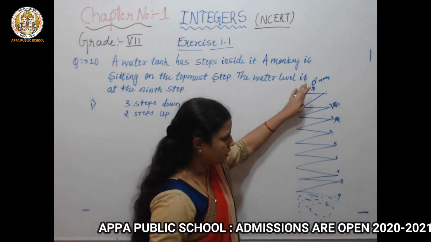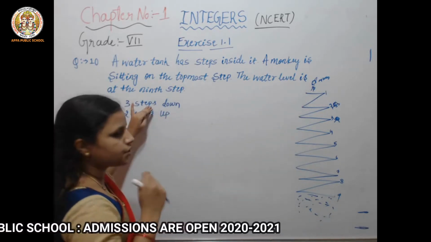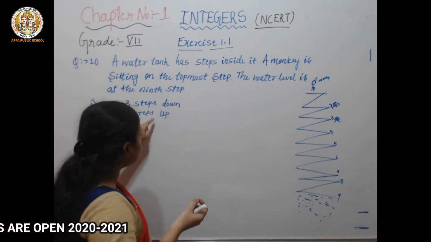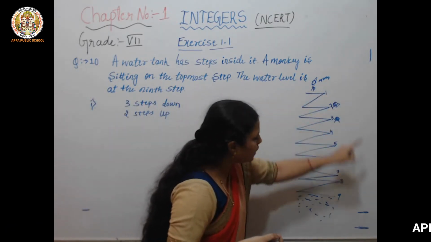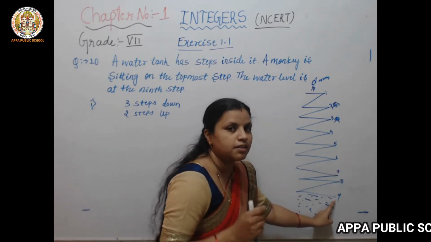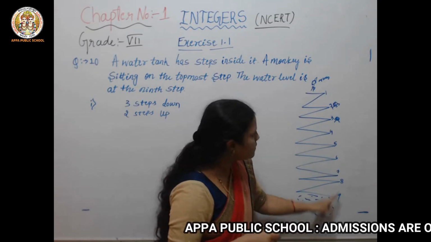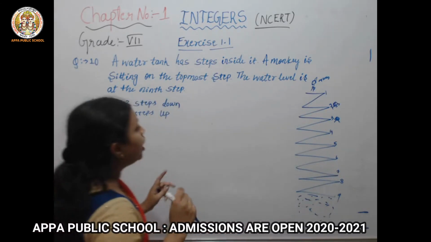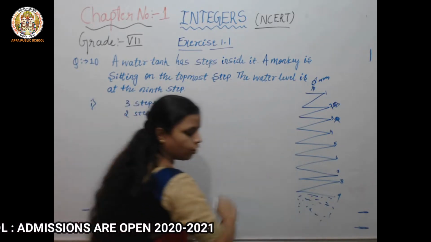The monkey is jumping in a manner of 3 steps down and 2 steps up. With this combination, after how many jumps will the monkey reach the 9th step, which is the water level?